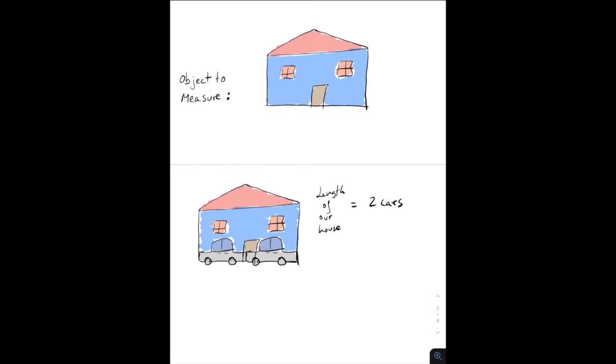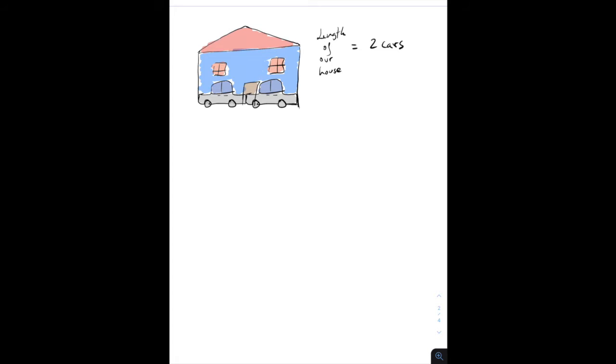And you have to be careful, because now the length that we're measuring is in terms of cars. Our units are cars. Thankfully, scientists are clever enough to come up with other standard references for measuring lengths, for example the meter, the foot or the inch, or in the case of temperature, degrees Celsius, Kelvin, Fahrenheit, and many others.